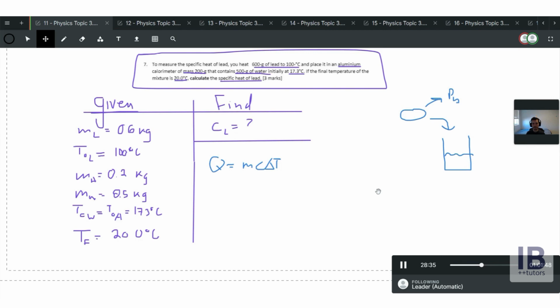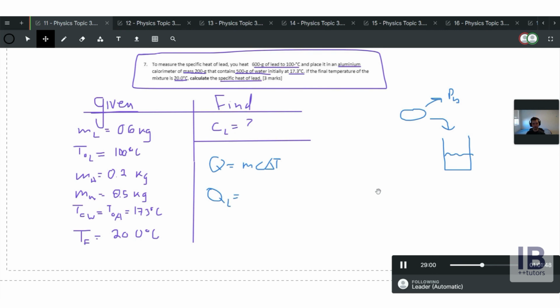So for example, the 0.6 kilograms of the lead, with the change in temperature being 100 degrees minus 17.3. Oh no, sorry, minus 20, because that's the final temperature. So that's 80 degrees.